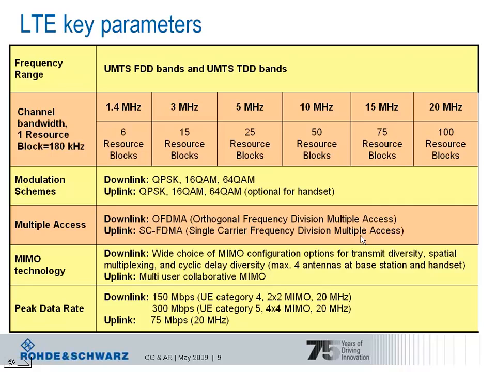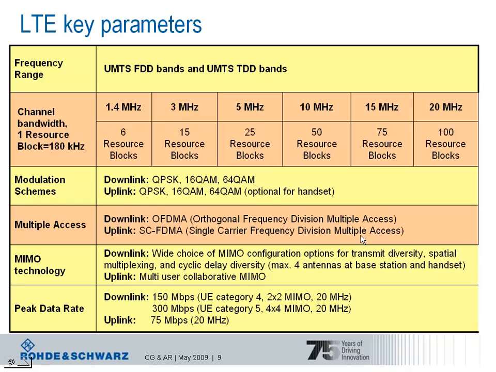For example, there's transmit diversity, spatial multiplexing, and cyclic delay diversity, and we can have a maximum of 4 antennas at the base station, which is defined in the standards, and also a maximum of 4 receive antennas at the handset, which is of course quite challenging. In the uplink, a multi-user collaborative MIMO is supported, so several users can share the same resource block assignment. We will see a detailed introduction to MIMO at a later part.